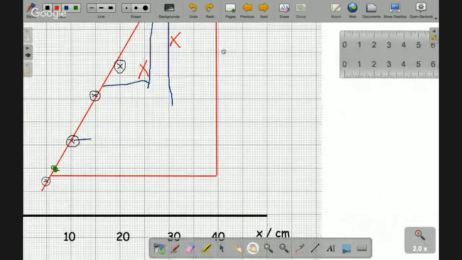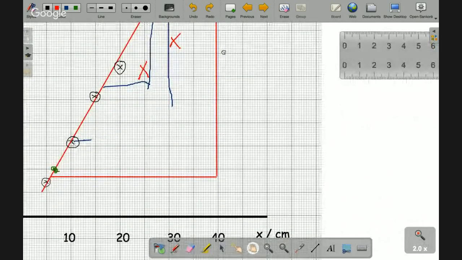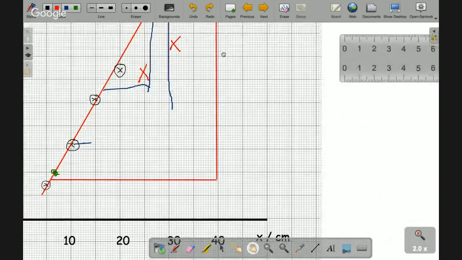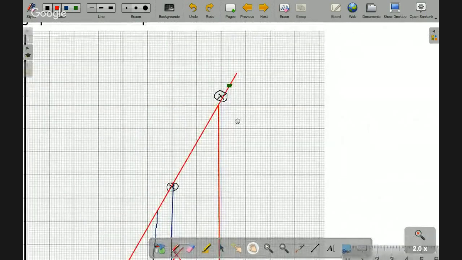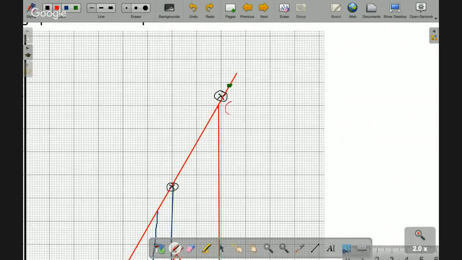This line is actually 40. I think that's 39 on the X. So this line here, that's 39 on the X.